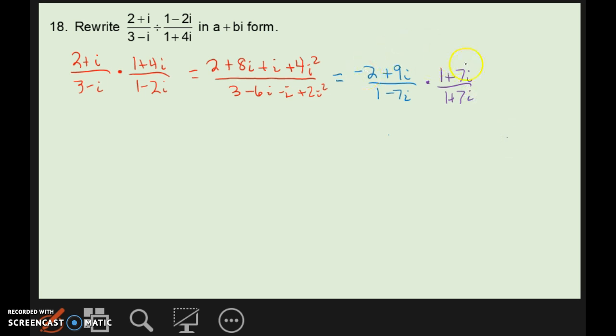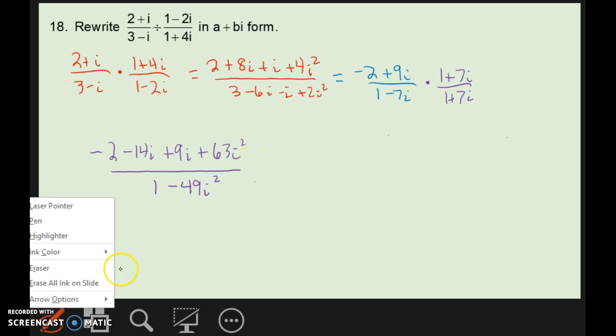So taking the negative 2 and distributing it, I'm going to get negative 2 minus 14i. Taking the 9i and distributing, I'm going to have 9i plus 63i squared. In the denominator, I'll have 1, and this becomes negative 49i squared. And I can skip those middle terms because I know they're going to cancel because I'm multiplying by the conjugate.